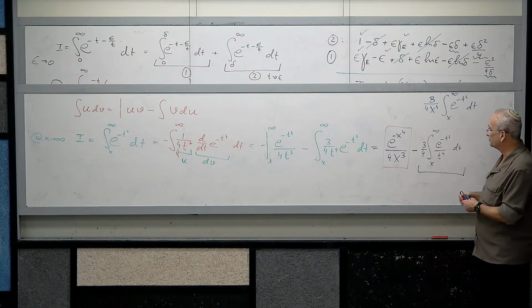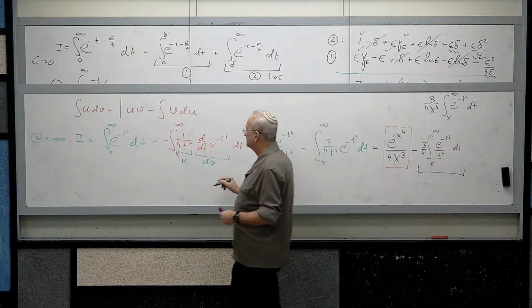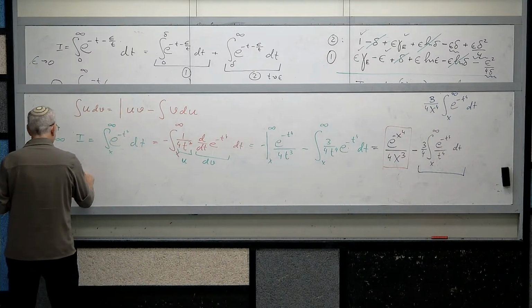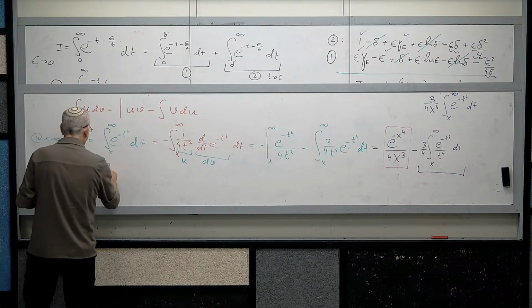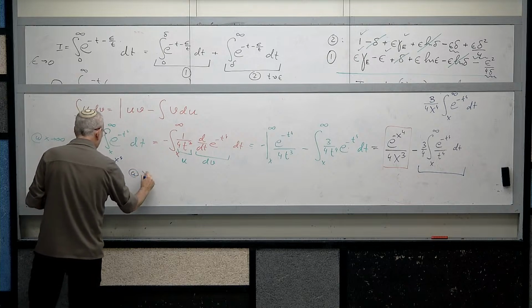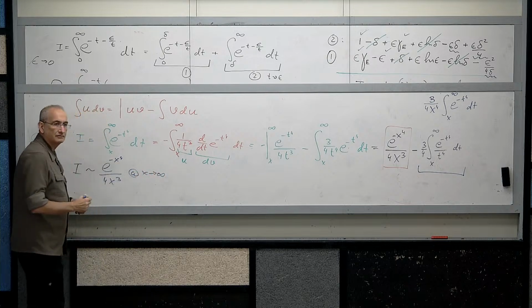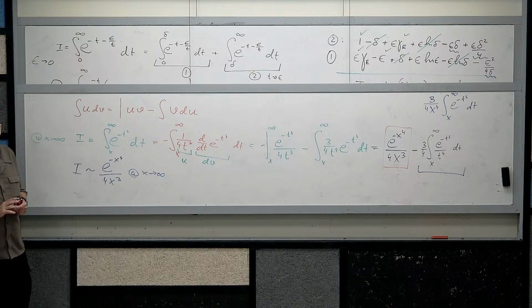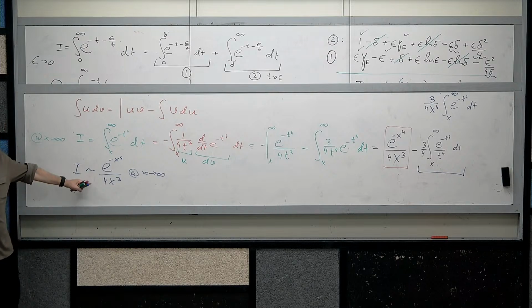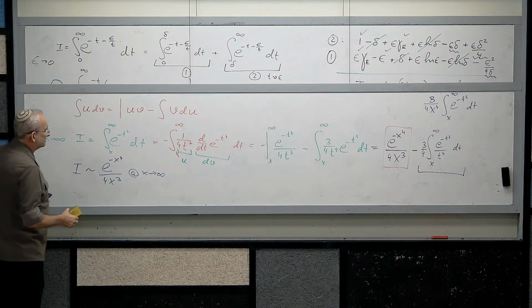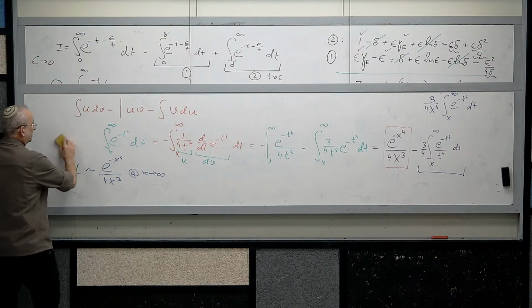So this I is asymptotic to e to the minus x to the 4 over 4x cubed as x goes to infinity. Okay? Any questions? No. So, if there are no questions, let's do another problem.